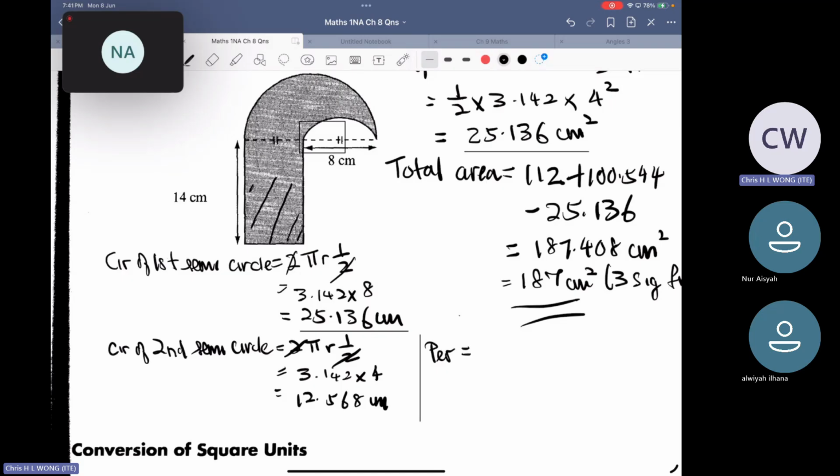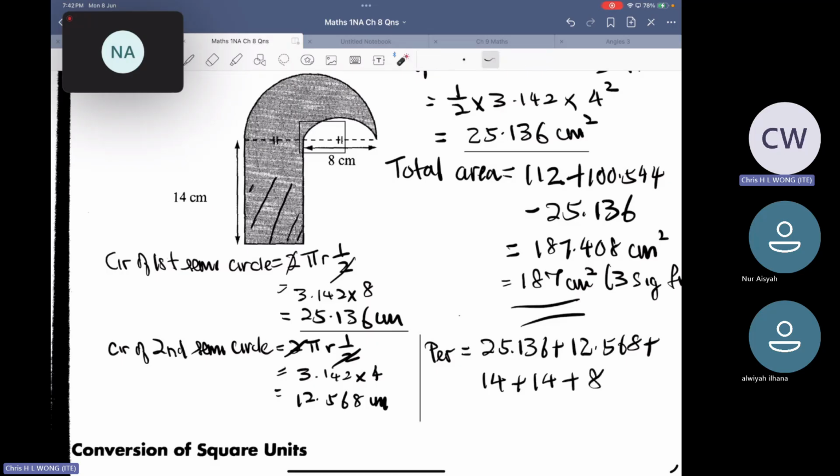Now, okay, the perimeter of the composite figure equals to 25.136 plus 12.568 plus, what else? Give me. What else? 14. Very good. Plus 14 plus 14 plus 14, and then plus 8.